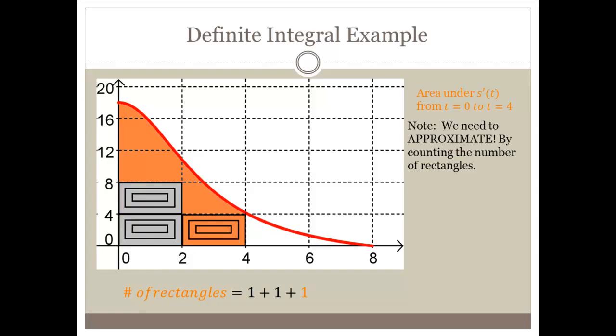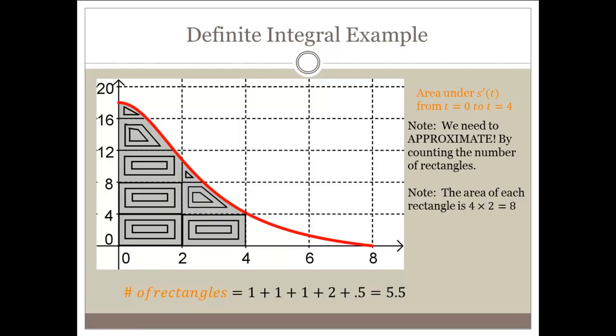We now need to approximate the area of the rest of the space. We can see in this region that we have roughly 2 full rectangles. And we can approximate this last piece as being about half of a rectangle. So in total, we have about 5.5 rectangles.